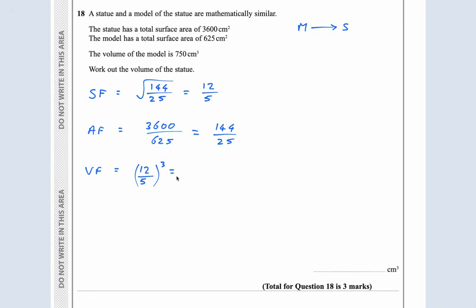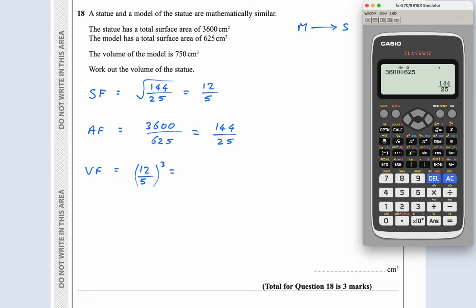So it's just this cubed. Now let us do that. Let us do 12 over 5. Make sure you put a bracket, guys, because you have to cube both. 12 over 5 cubed, which is 1728 over 125.